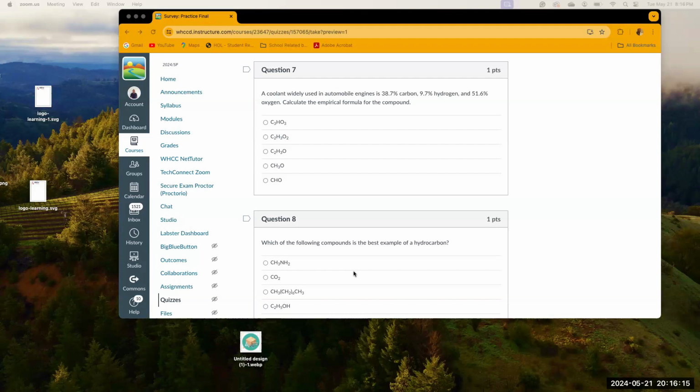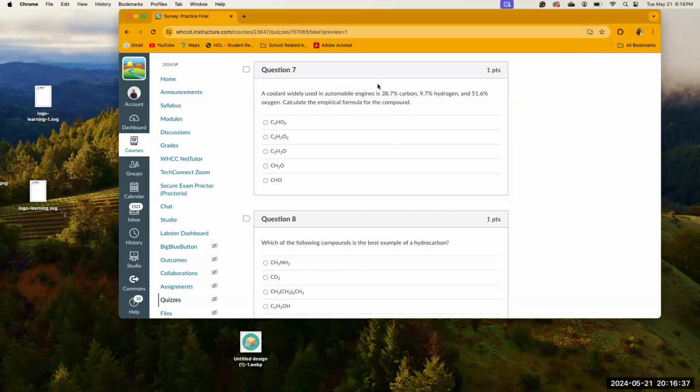So the first thing that we're going to do is to do what? Okay, so we're going to make an assumption since we know that this here represents percent mass. We're going to assume that we have 100 grams of whatever we're working with. Yes, it is going to involve the weight of the elements.